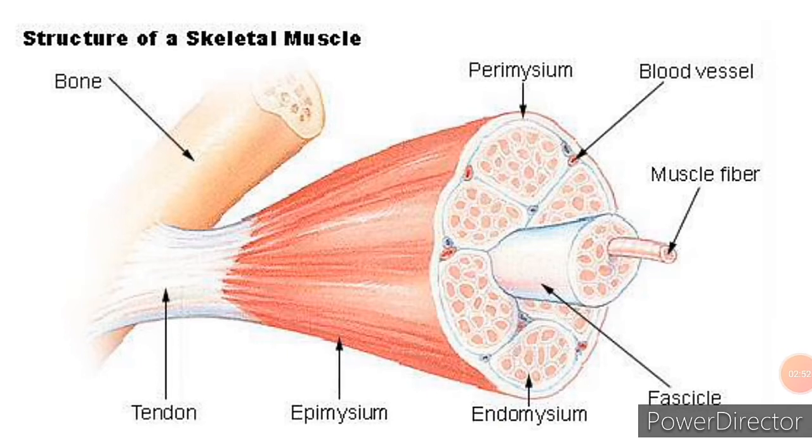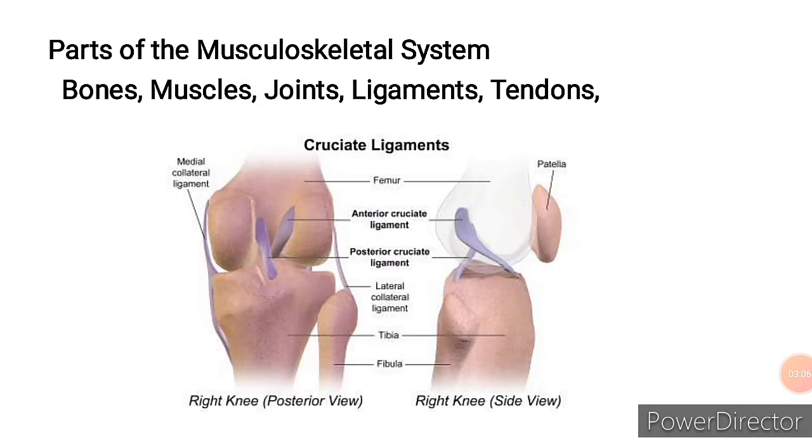All right, these are the parts of the system that work together to form what we call the musculoskeletal system. So the bones, the muscles, the joints, the ligaments, and then the tendons are the parts.